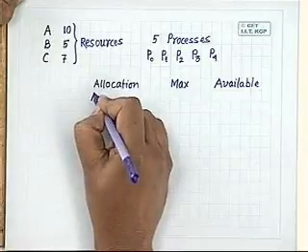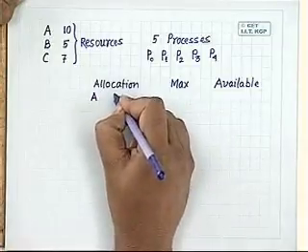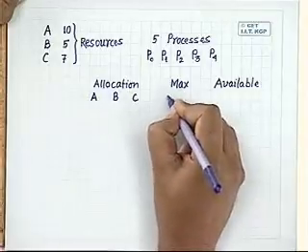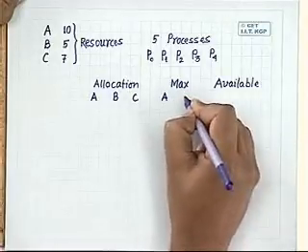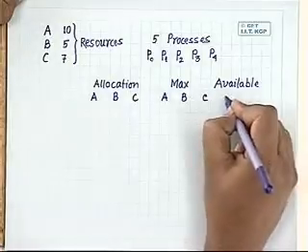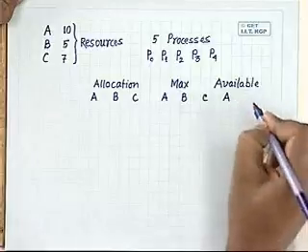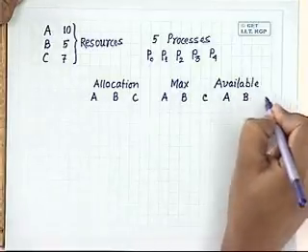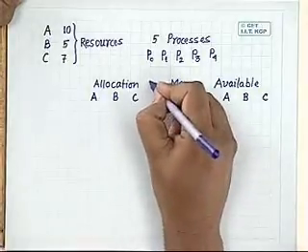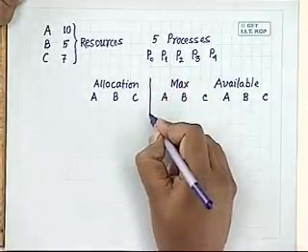So this column I will use for resource A, B, C, then A, B, C, and similarly for available we will have A, B, and C. So these are the tables that we will make.